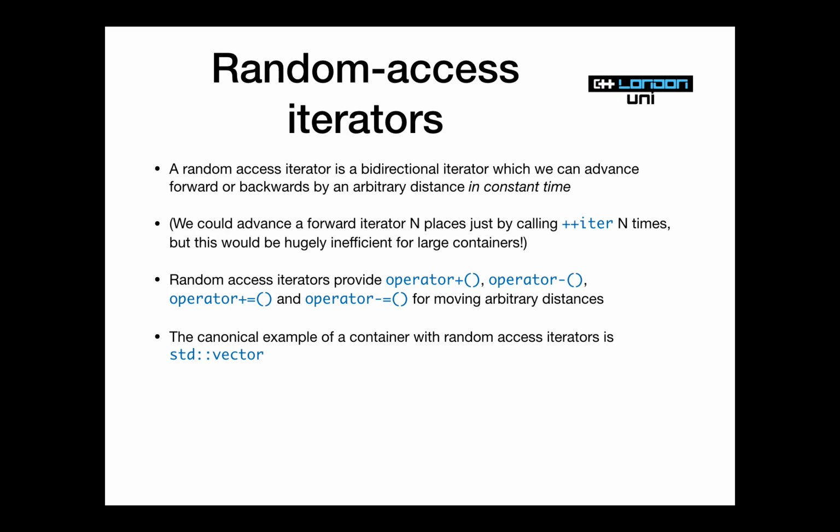Whereas with a vector, because it's random access, I can just go from there to there straight away. I don't have to step over each value in the middle. I can advance arbitrary distances in the same time, no matter how great the distance. I can teleport, if you like.